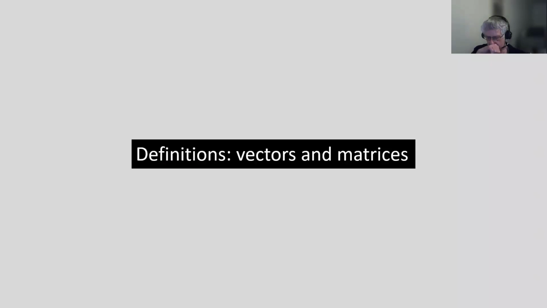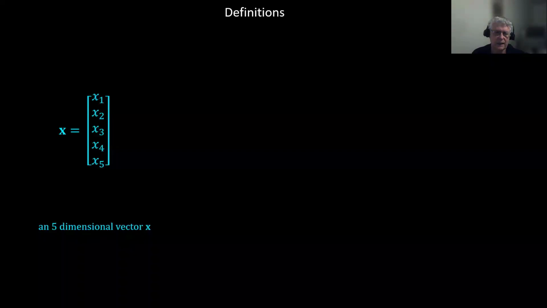So let's start off with vectors and matrices. Now, you'll all know that a vector is just a bucket full of numbers. Why do we need to carry around bucketfuls of numbers? Well, we're going to be talking about things like parameters and observations. So we need a mechanism to carry around bunches of numbers and a way to manipulate them.